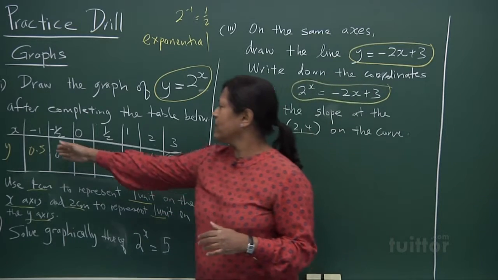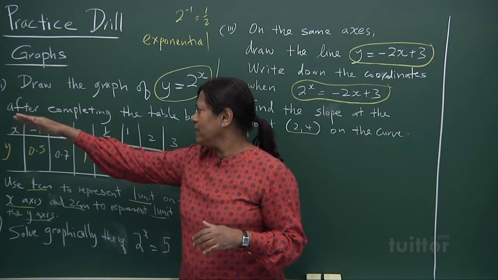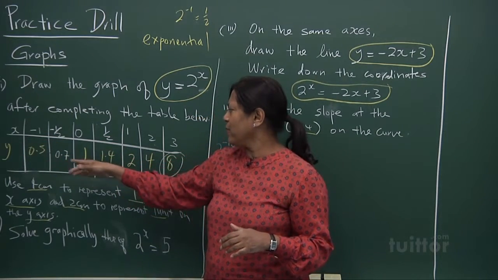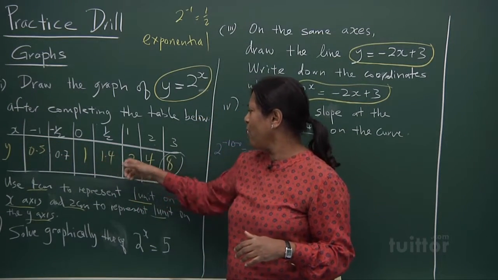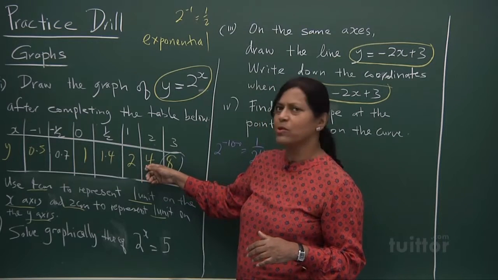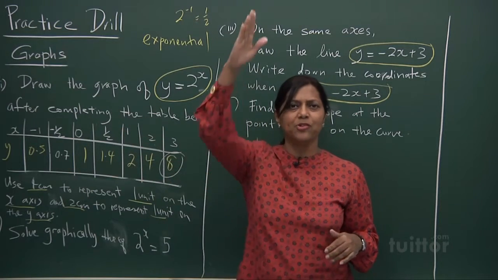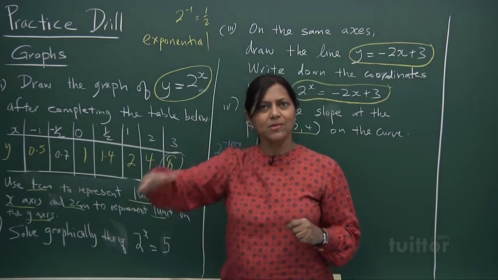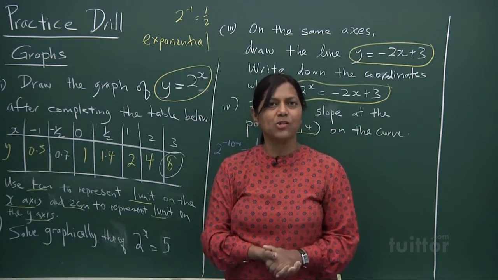So it is 0.5, the y. It goes up to 0.7, and then it goes to 1, 1.4, 2, and it goes to 4, and then you can see the jump from 4 to 8. You see the curve goes that way. Do you see that? That's an exponential curve.